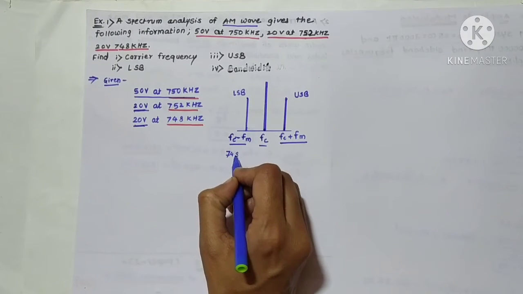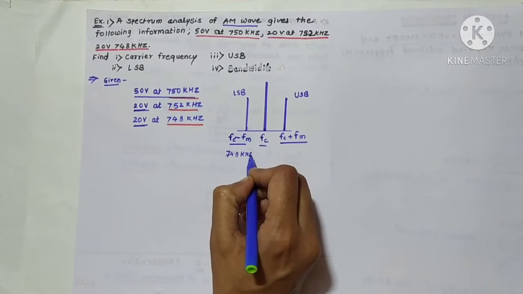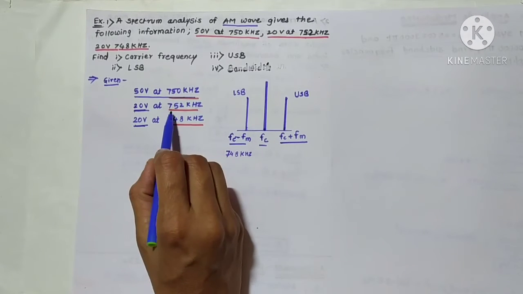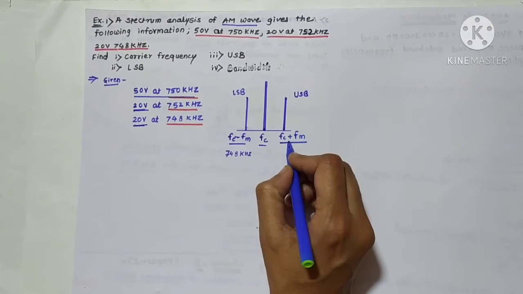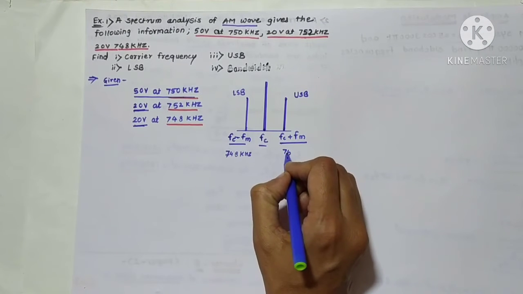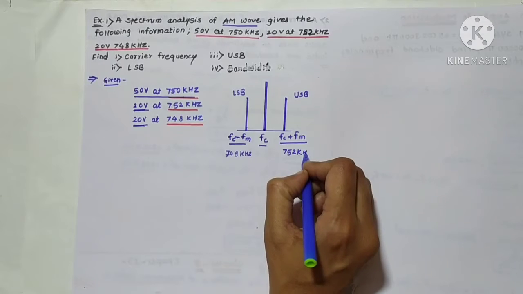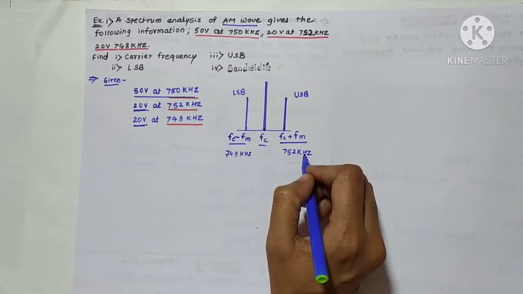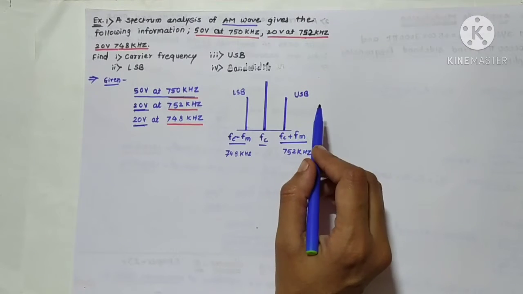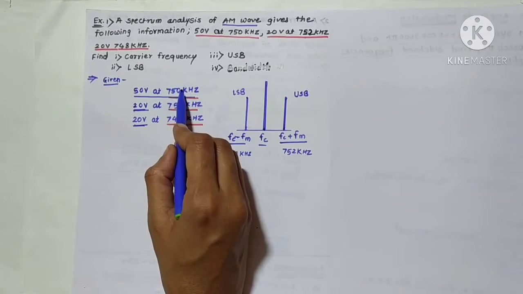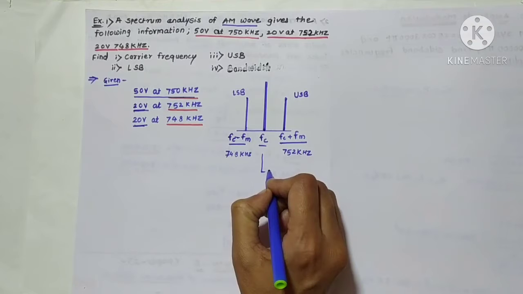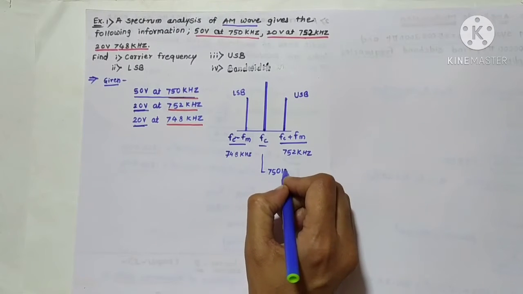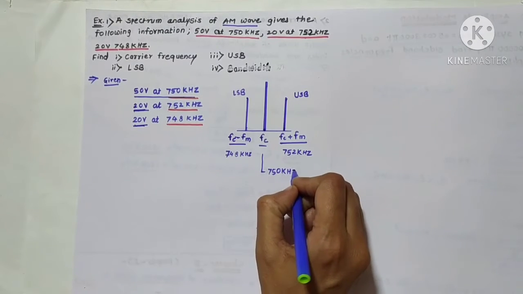The frequency which is more than LSB is the USB, so 752 kilohertz. Now the frequency 750 kilohertz is the carrier frequency.